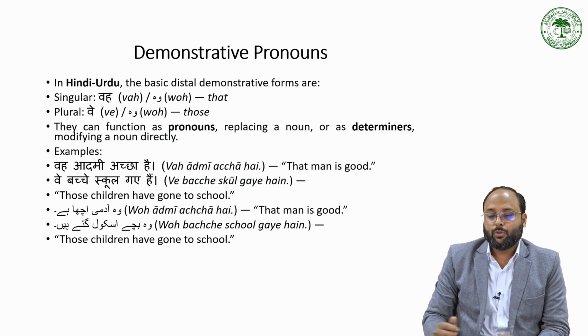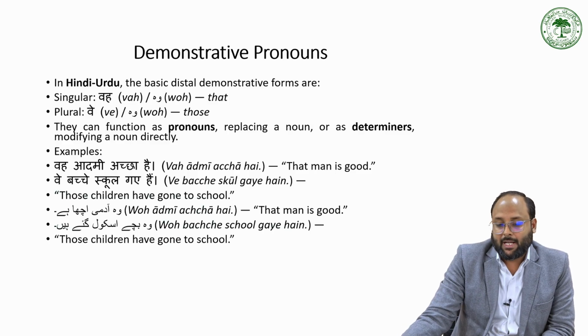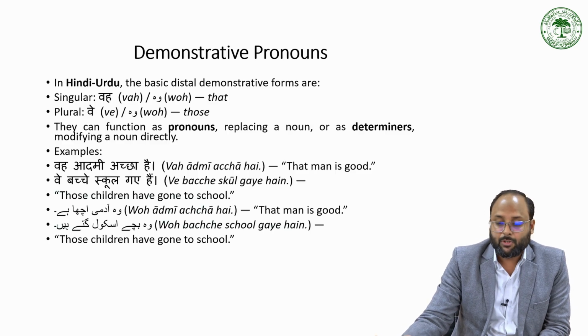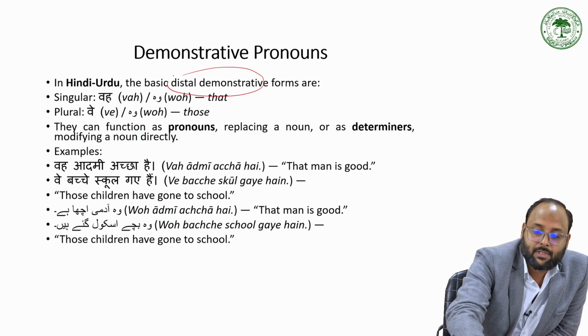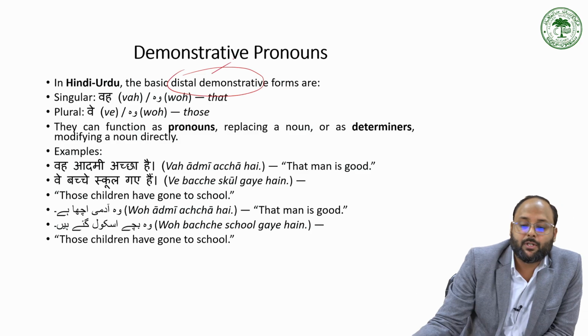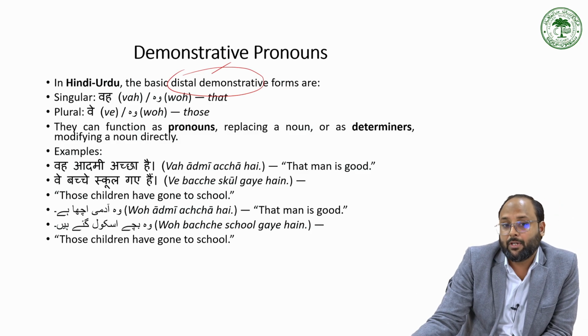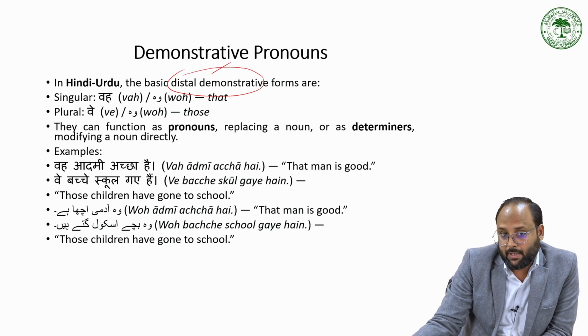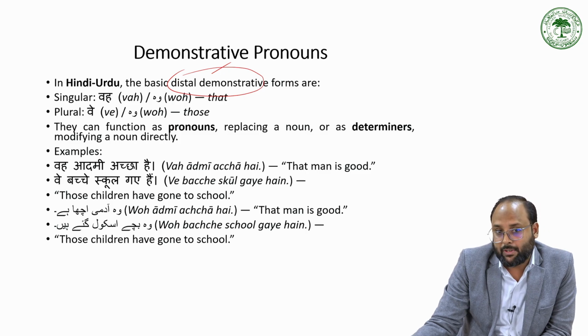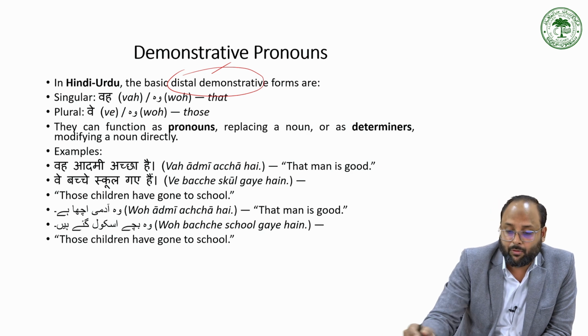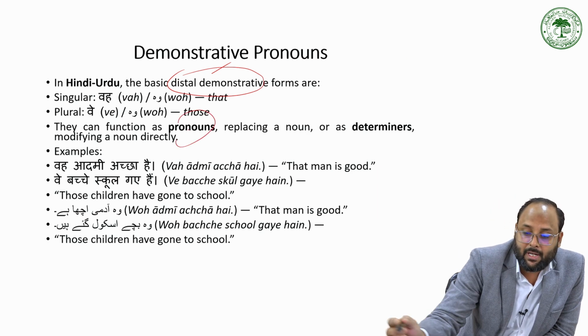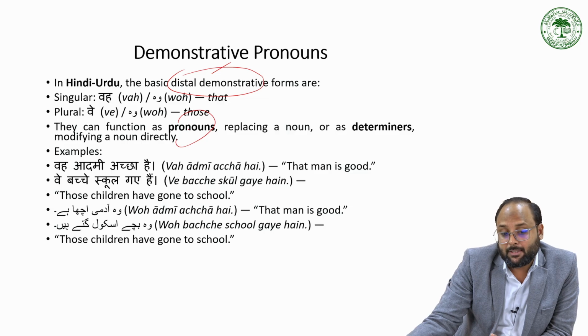So here we have examples of the distal demonstrative. For singular we use वो, and for plural we use वे. They can have both functions: either they are used as a pronoun, the replacement of a noun, or as determiners, modifying the noun directly.